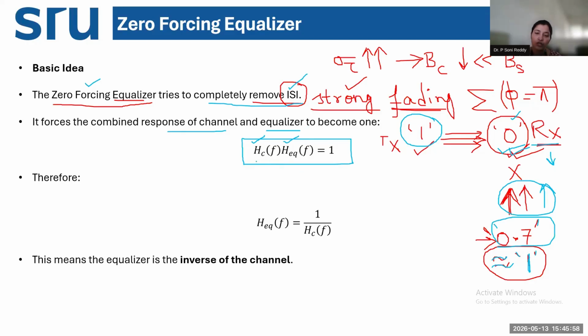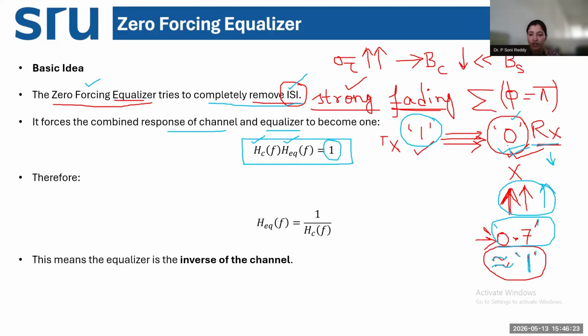How? So the equation is nothing but the product of the characteristics of the channel with the characteristics of the equalizer such that the product is equal to 1 or a constant value. Now, why is this being taken into consideration, or how is this actually working out to overcome the strong interference?